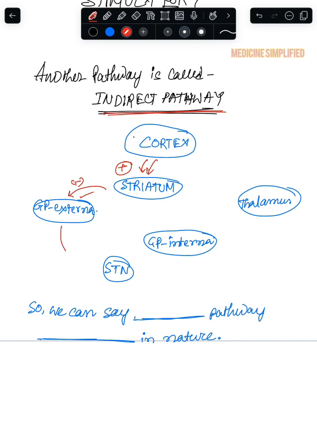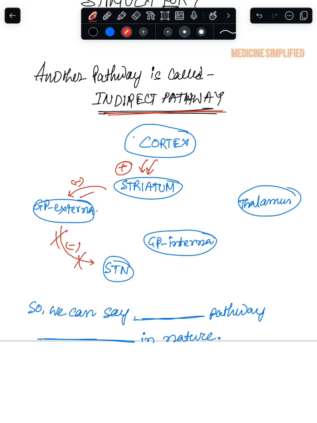Normally globus pallidus externa inhibits the subthalamic nucleus, but as the activated striatum inhibits the globus pallidus externa, the inhibitory effect on the subthalamic nucleus will not be present.